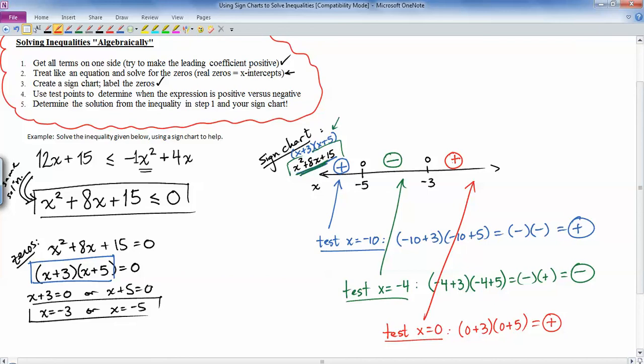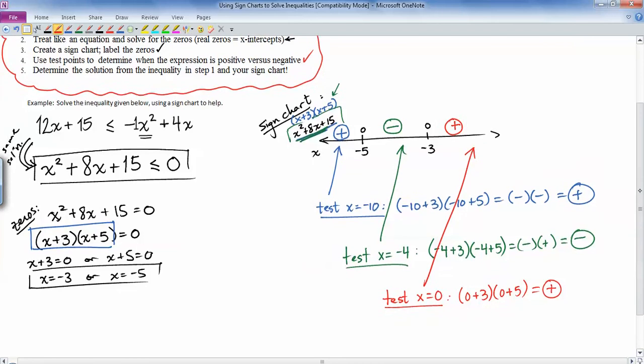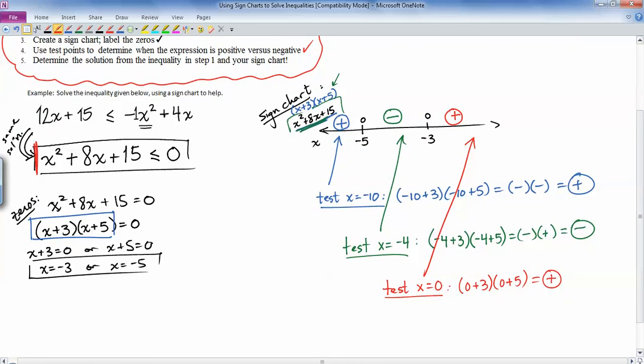Okay, so we've done step 4. So step 5 is figure out your solution from the inequality we got in step 1 in the sign chart. So here's the inequality we got from step 1, right there, right? Which has the same answer as the actual original problem that came before it, right? They have the same answer.